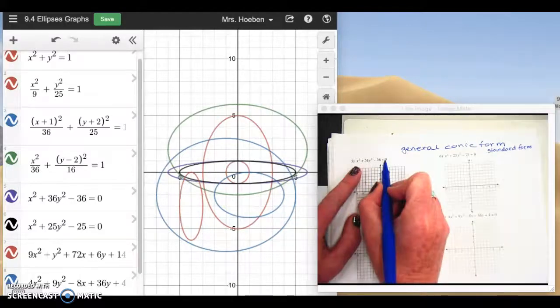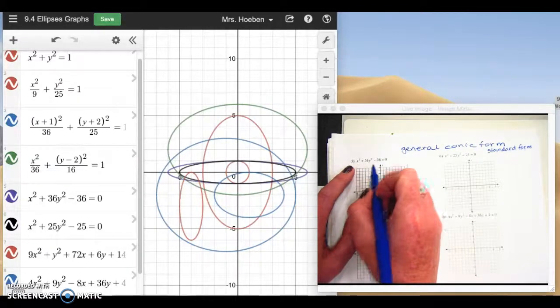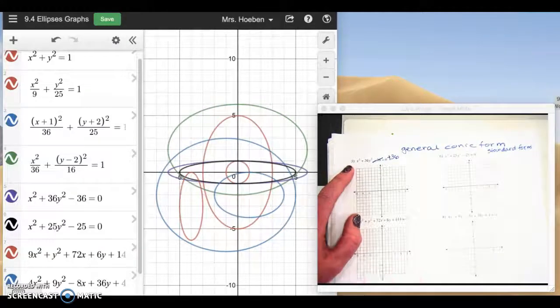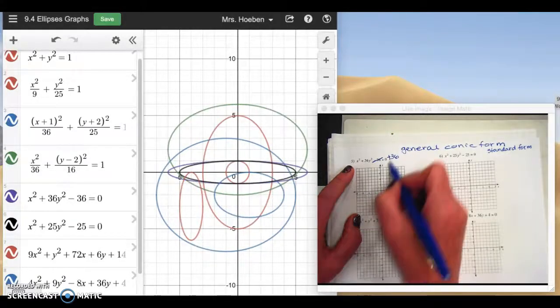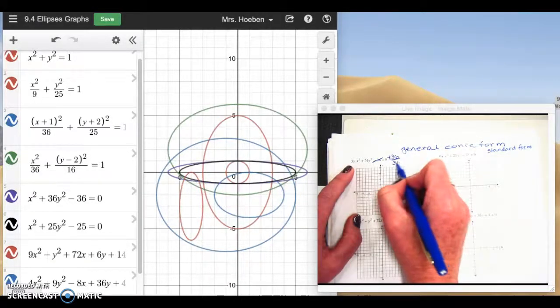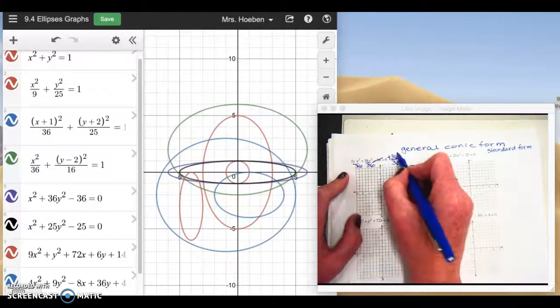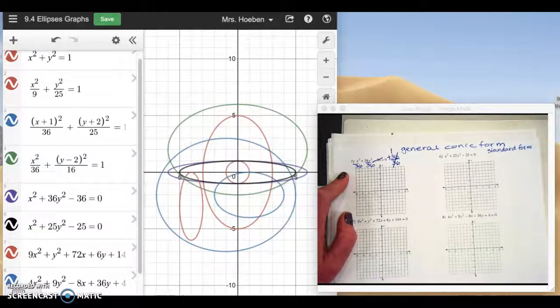So numbers 5 and 6 look pretty complicated, but they're actually fairly easy. They're very close to standard form. In fact, on number 5, all you have to do is add 36 to both sides. And then because you want a 1 on the right, you're going to divide all your terms by 36, which makes this side a 1, right? Okay?